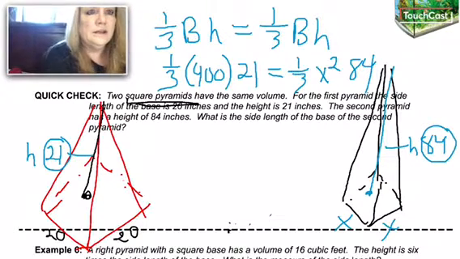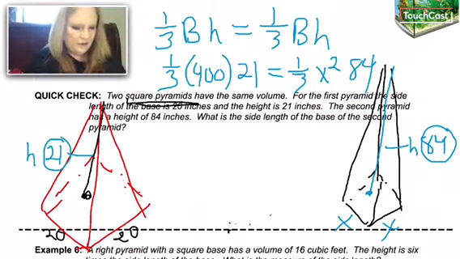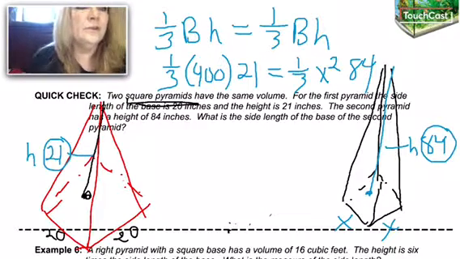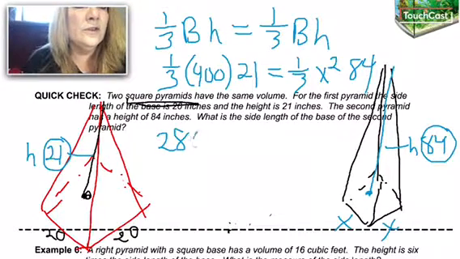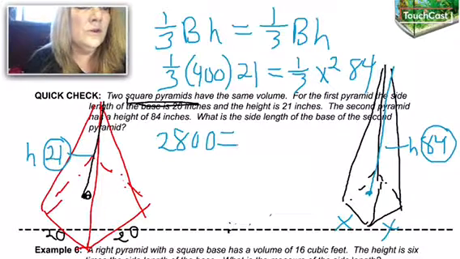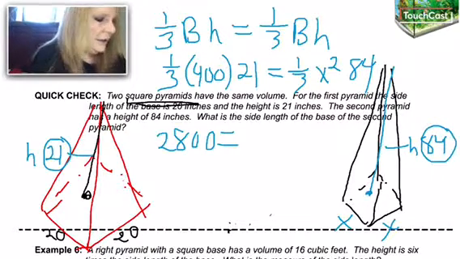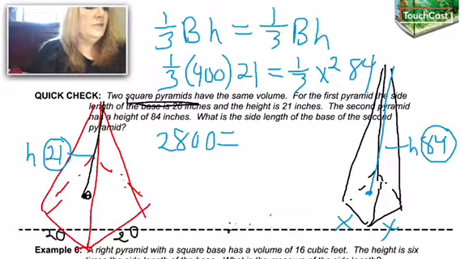So let's go ahead and simplify this left side. Let me multiply that all together. I've got 400 times 21 times 1/3, or divided by 3, and that is 2,800. So I have 2,800 is equal to, I'm going to multiply 84 times 1/3, or 84 divided by 3, which is 28.